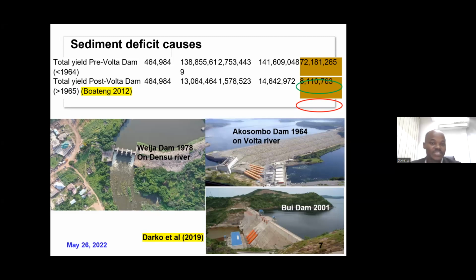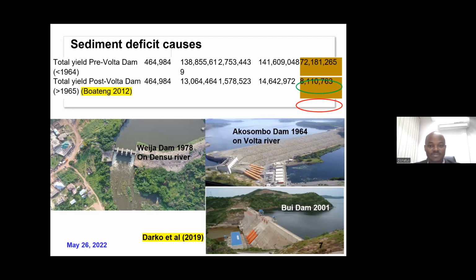I just present to you here the total yield of sediment for the Volta Dam. This is a very highly popular dam, and this is a very large dam. It gives a lot of importance to the hydroelectric power of Ghana. And this dam was built on the Volta River. The Volta River is also a very large river. It spreads to Burkina Faso, to other countries, and it ends in the coastline of Ghana.